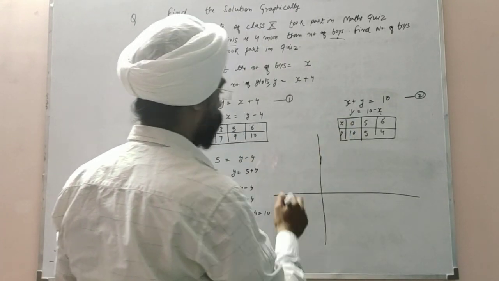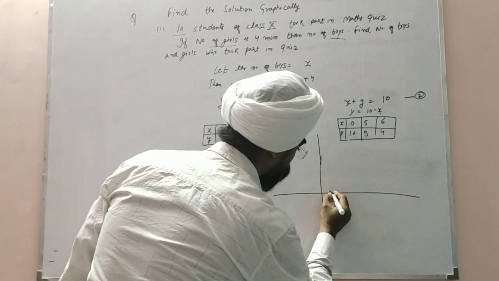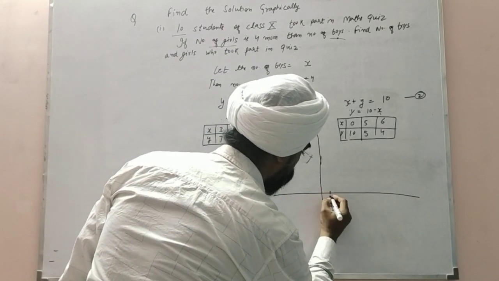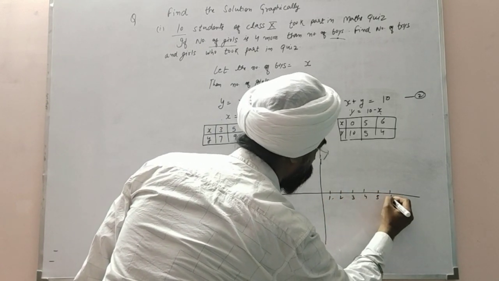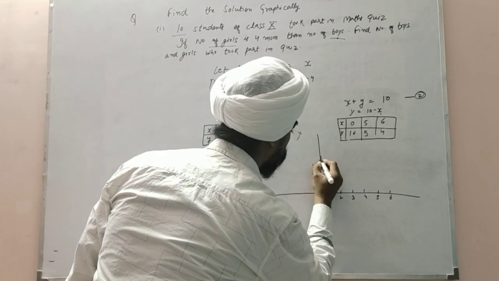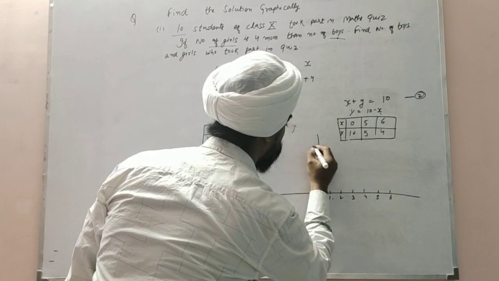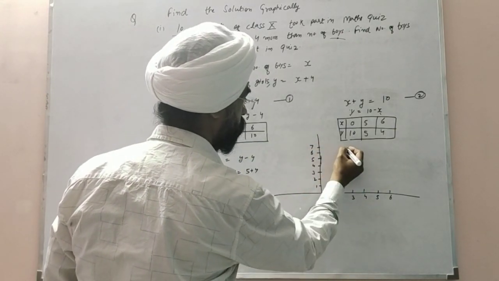Now how to plot the graphs? The first line has x 3, y 7. x 3 and y 7 will give you this point.